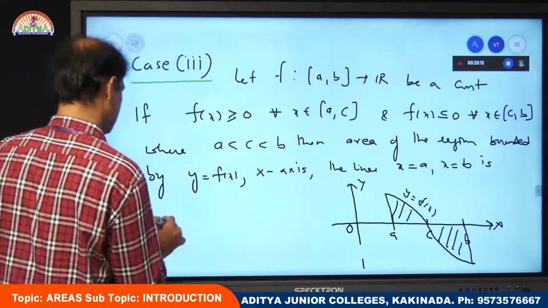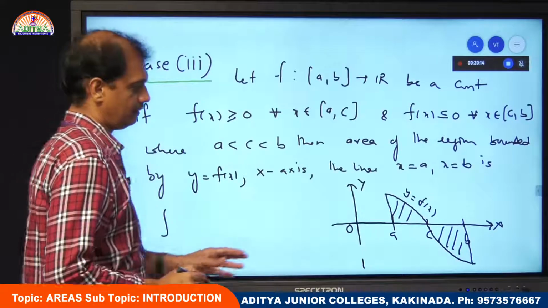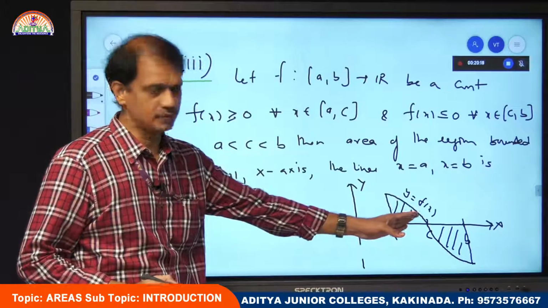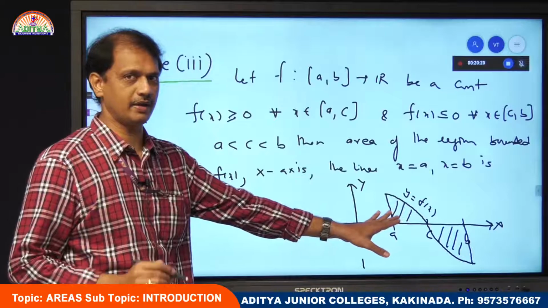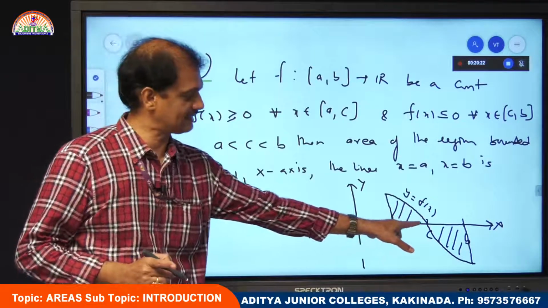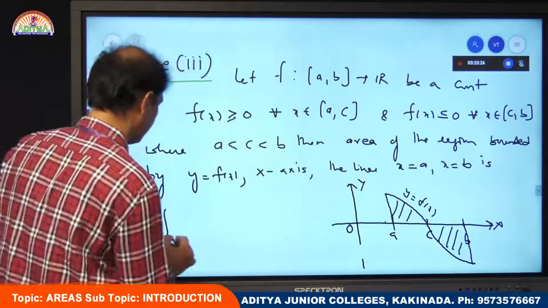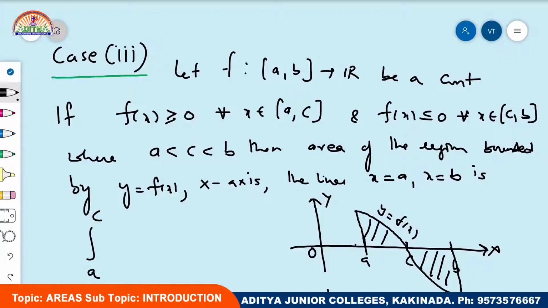See here, according to the first case, f of x is greater than or equal to 0 over a to c, therefore the area bounded by y equal to f of x, the x-axis and x equal to a and x equal to c is nothing but integral a to c f of x dx, plus, that means you have to add this region's area.